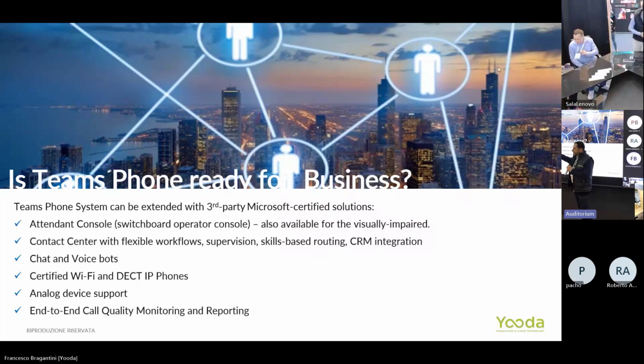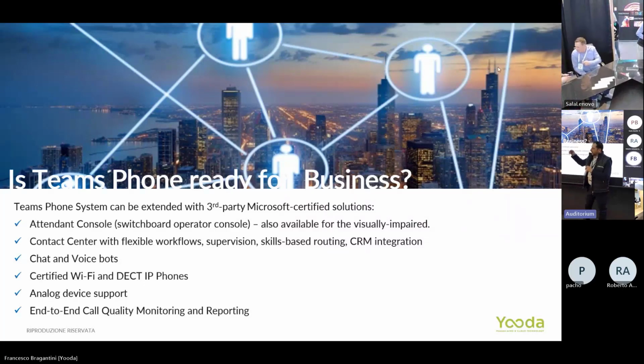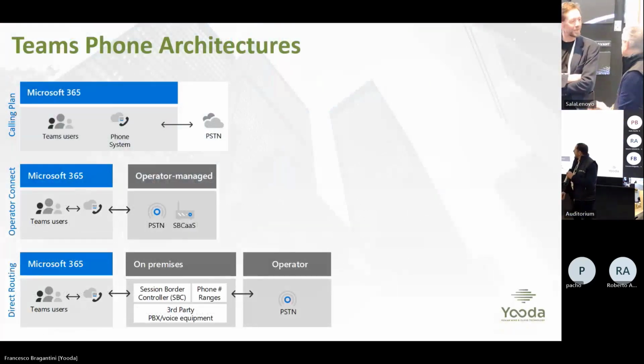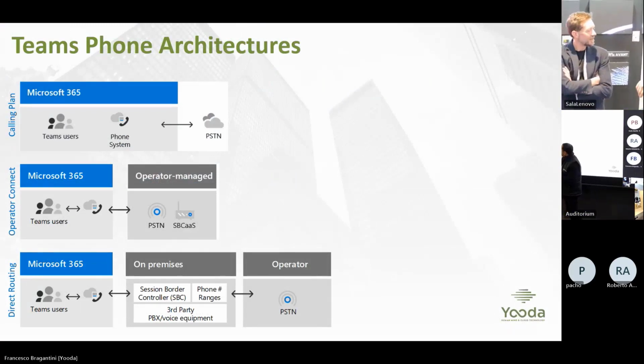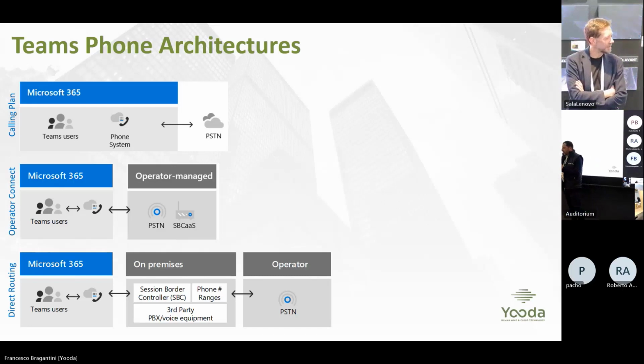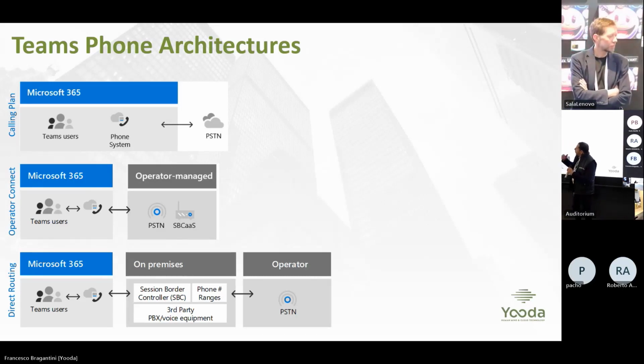So this was just to show you that, okay, Teams Phone can really be applied to different use cases and scenarios and can be really ready for business, okay? Now that we've seen what the features of Teams Phone are, what are the architectures?